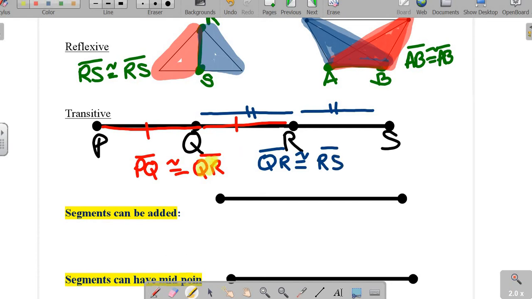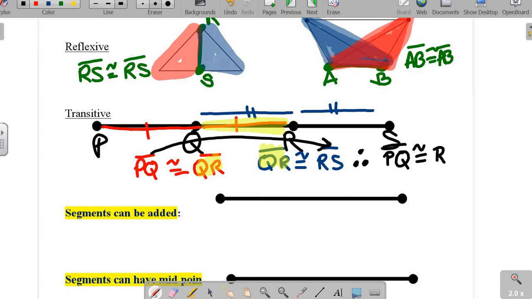Notice what segment is repeated. We transfer the congruency from PQ to RS. Therefore, we could say that segment PQ is congruent to RS by the transitive property. We transfer congruency at the overlapping segment QR.